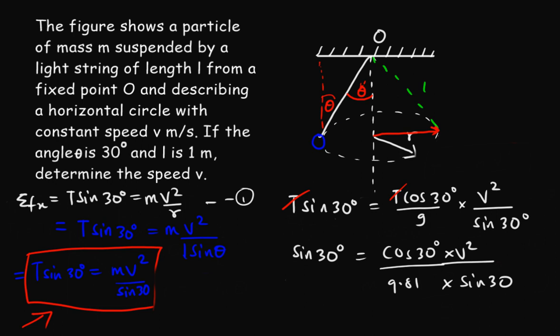So on the left hand side, I'll have 0.5 equals cosine of 30, which gives me 0.87, so 0.87 v squared, all divided by sine of 30 times 9.81. So this will be 4.91. All you have to do is just find the value of v.